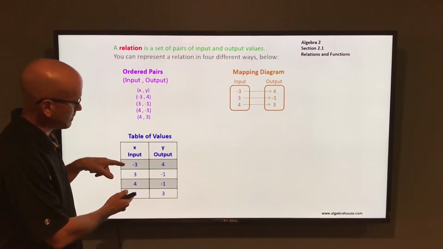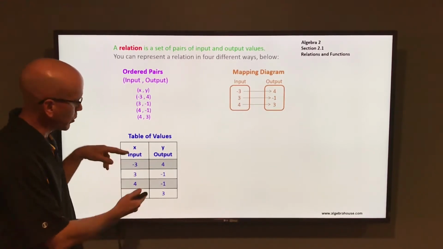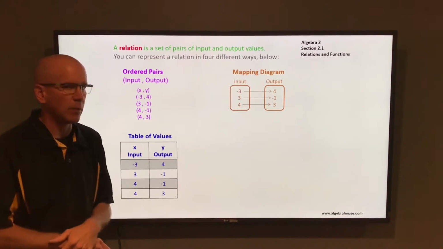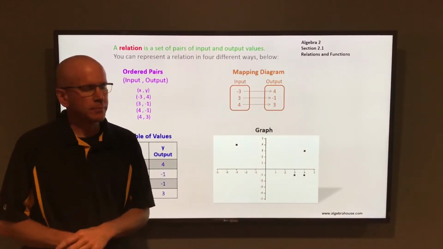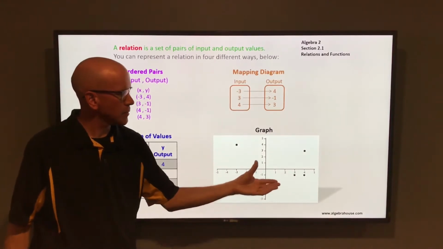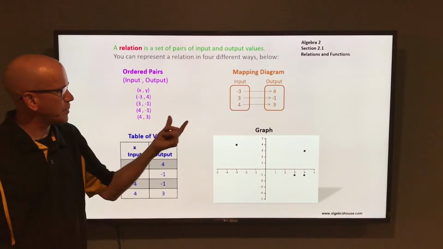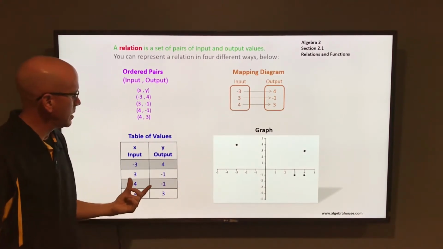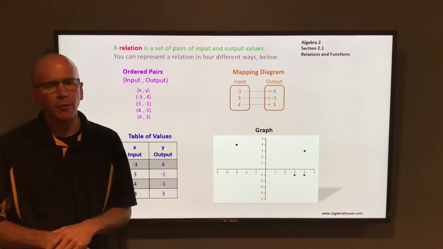You put X values in and you get out Y values. Normally you were putting X values into an equation and getting out Y values. And finally, by a graph, where you're graphing the XY coordinates. So those are the four ways that you can represent a relation: by just listing the ordered pairs, with a mapping diagram, by a table of values, and also by a graph on a coordinate plane.